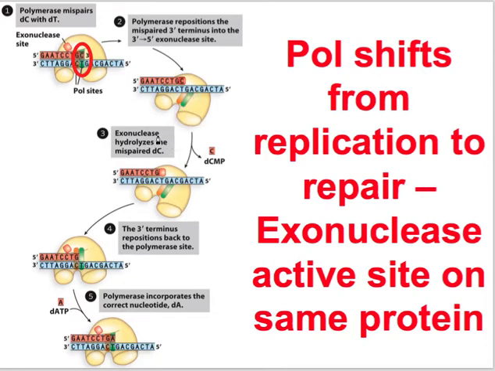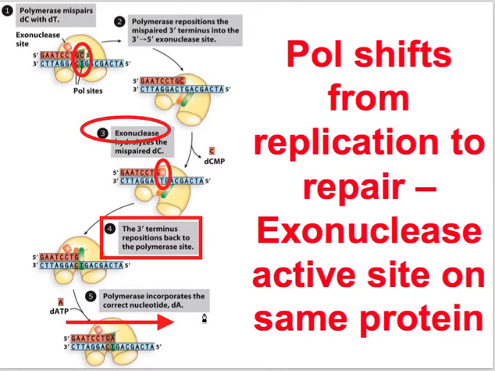What that's doing is it's shifting to get its exonuclease active. It's shifting the position of what active site it has on there, and it's going to use this exonuclease instead. Because remember, that's very different than the polymerase itself that's actually replicating, the replicase. So it'll use the exonuclease to basically chew up a bunch of nucleotides on this strand, and then it's going to reposition after a few of those, and then it's going to go back to repairing.